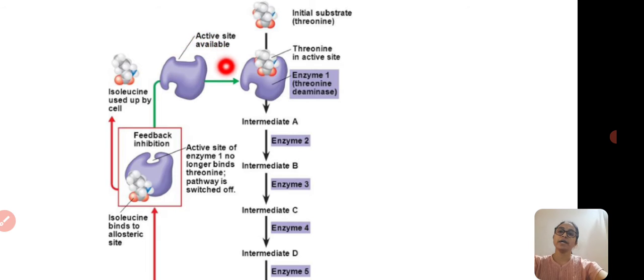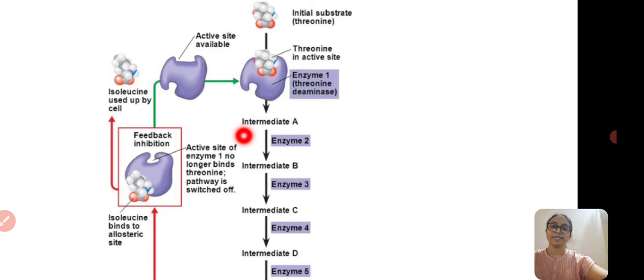The threonine dehydrase will get blocked, so that it makes the active site not suitable for L-threonine to undertake the enzymatic reaction. So isoleucine is going to block the enzyme threonine dehydrase, changing the active site conformation, and thus the conversion of threonine to intermediate A is completely stopped.